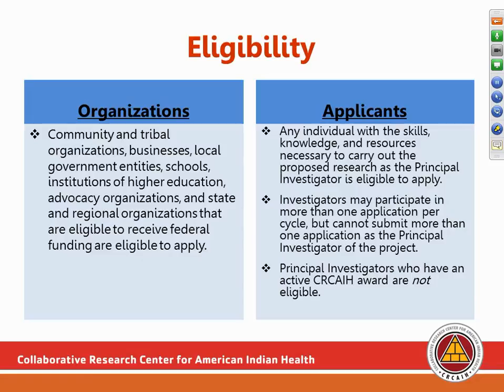It can be any individual with the skills, knowledge, and resources necessary that you're arguing can carry out the proposed research. So investigators can participate in more than one application per cycle, but cannot submit more than one as the PI. And principal investigators who have an active CRCAIH award, such as one of our big research projects or the pilot grants from last year, are not eligible to apply.